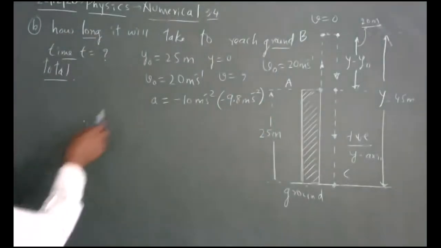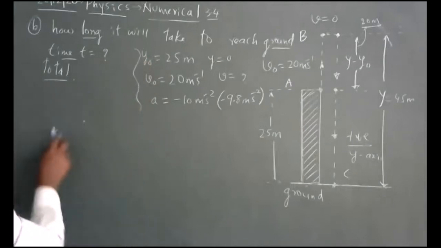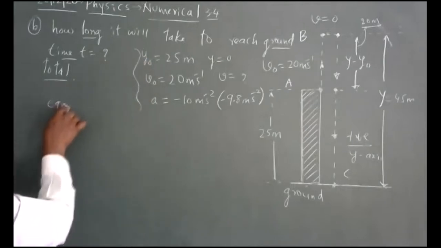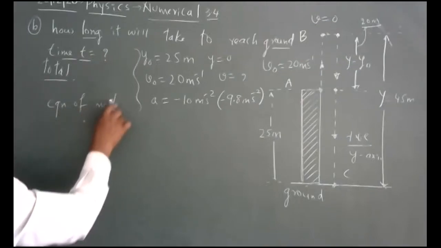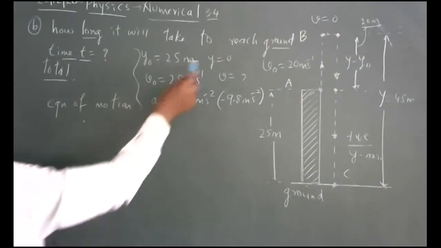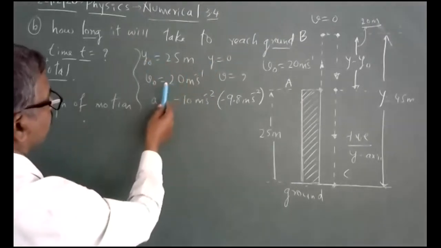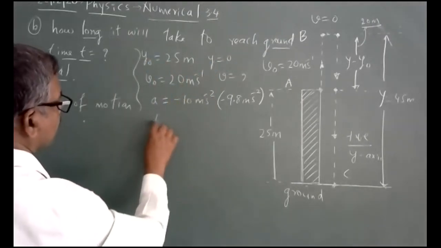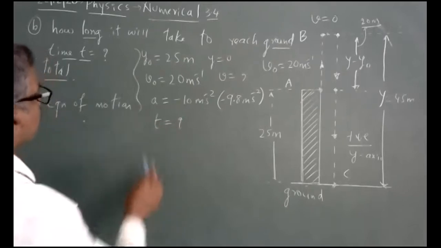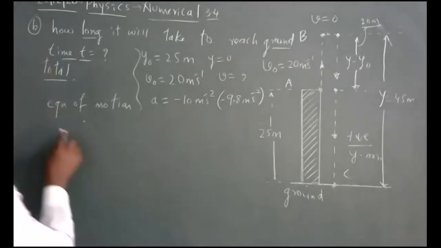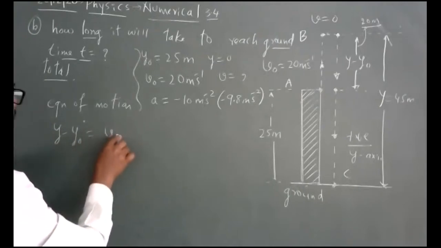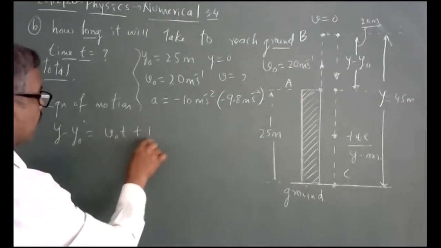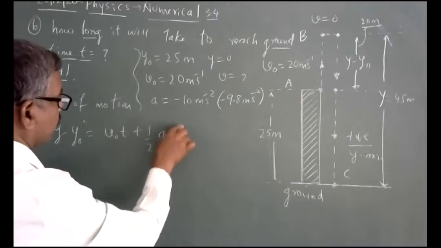Now which equation is going to help us? To calculate the time parameter, the equation of motion, the displacement equation. I had a final position, an initial position, a velocity, and an acceleration. I need to calculate the time. So to calculate time, I will be using y minus y naught equal to initial velocity times time plus half a t square.